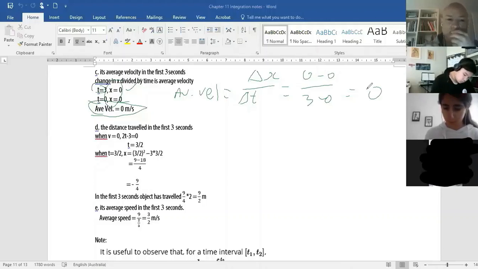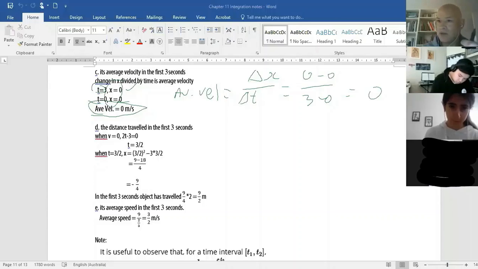All right, part D. The distance travelled in the first 3 seconds. Okay, so let's think about this. This object's obviously taken off, hasn't it? So something's going to happen. It's got to stop somewhere or other. So let's work out where it stops. And of course, where this object stops, whether it's a car or not, the velocity at that particular time has to be 0, because the object's not going.